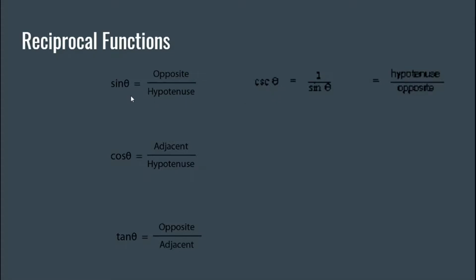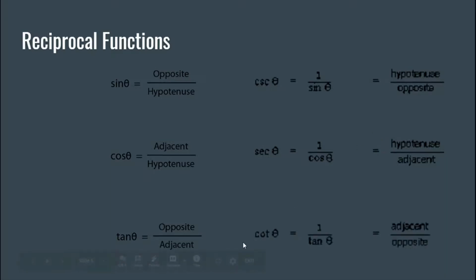Whatever ratio of sine is, cosecant is just going to be flipped over. Cosine's reciprocal function is secant, and again you're just going to flip this over. Tangent's reciprocal function is called cotangent, and again you just flip it over.